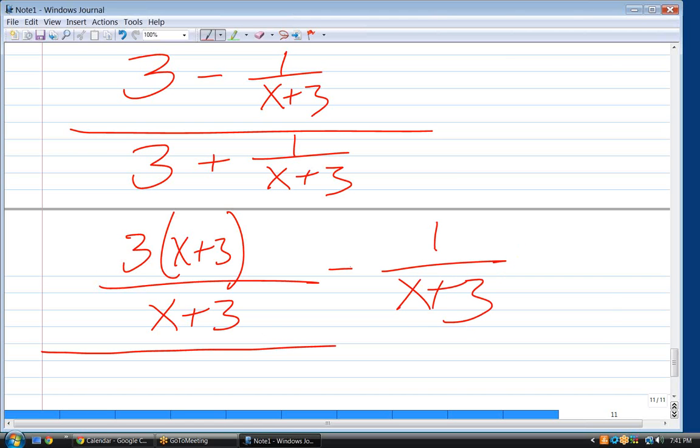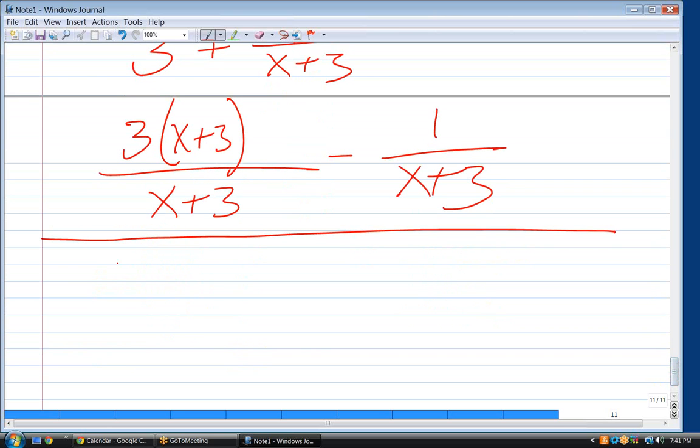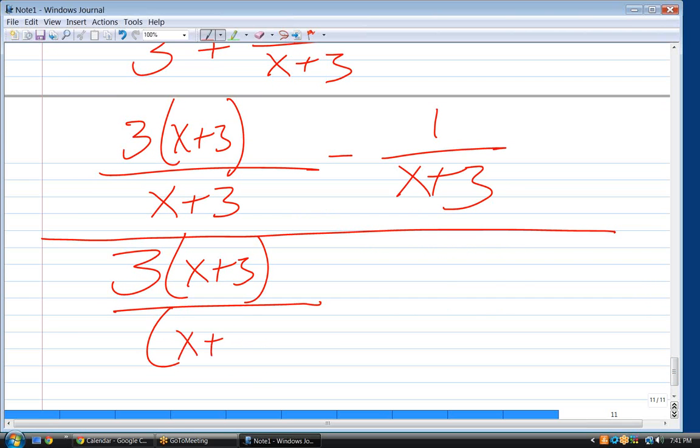Well, now let's just do it like this. The bottom is plus, right?